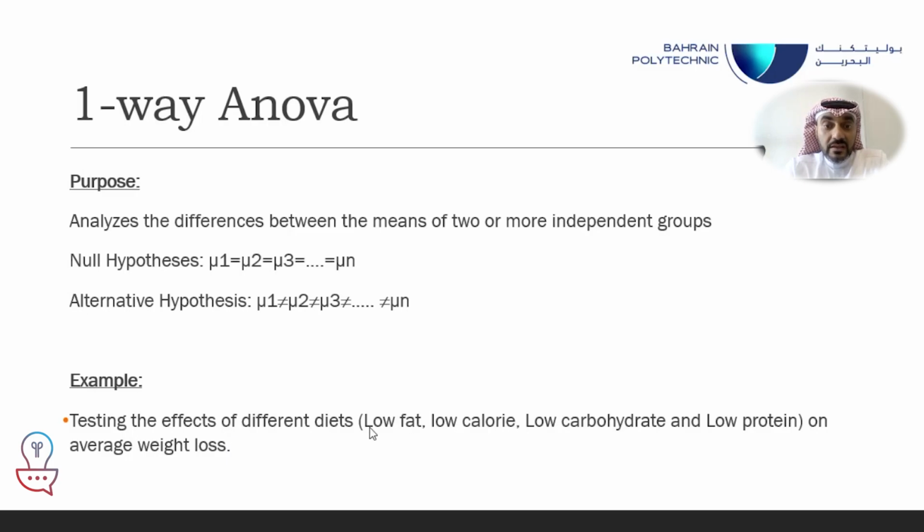Okay, so you can see you have groups here: low fat, low calorie, low carbohydrate, and low protein. So assuming that we have only low fat and low calorie, in that case, I would use the independent t-test. But here, since I have 4 groups, I have to use one-way ANOVA.